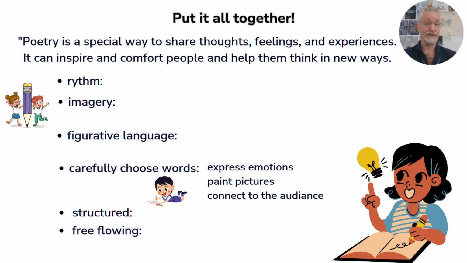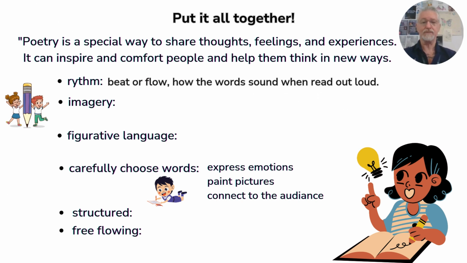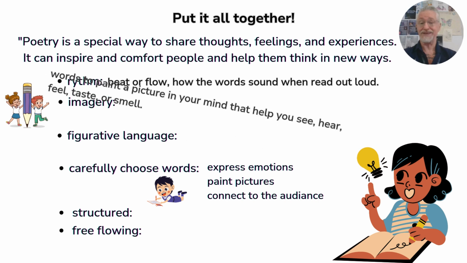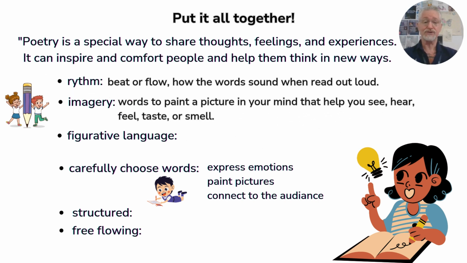So that's my summary. But then I've added some additional information to help clarify points that I'm not really familiar with. Rhythm is to do with the beat or flow, how the words sound when the poem is read out aloud. Imagery is where words are used to paint a picture in your mind that helps you to see, hear, feel, taste, or smell them.